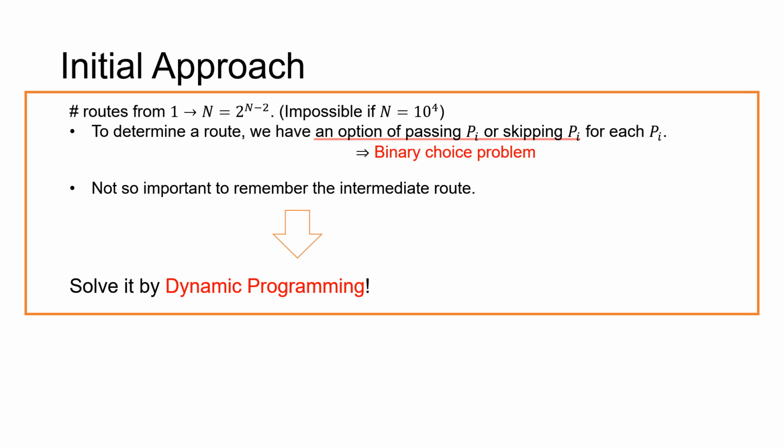DP and binary choice problem is very compatible. Plus, we find out that it's not so important to remember the intermediate route. This means that to determine where to go from the current point, you don't remember the information about how you have gotten to the point. These reasons encourage us to try DP.